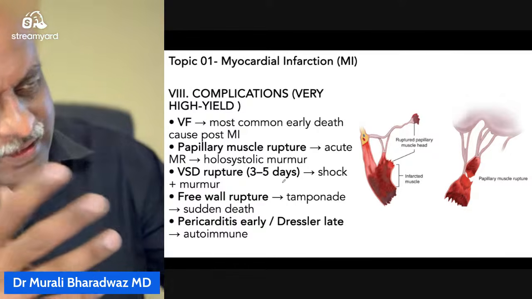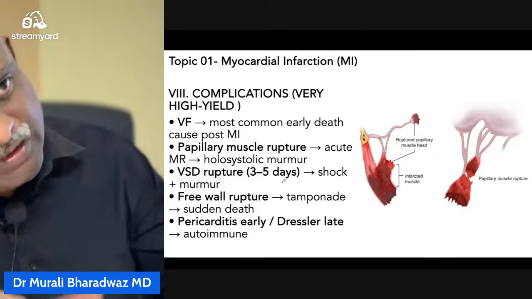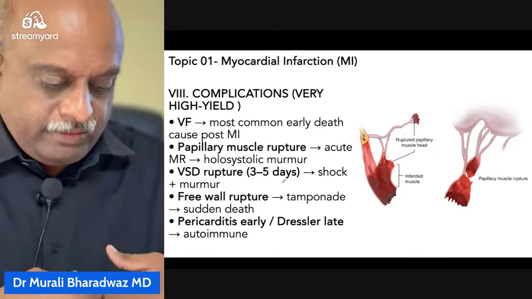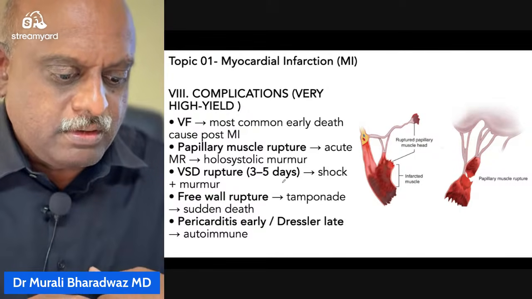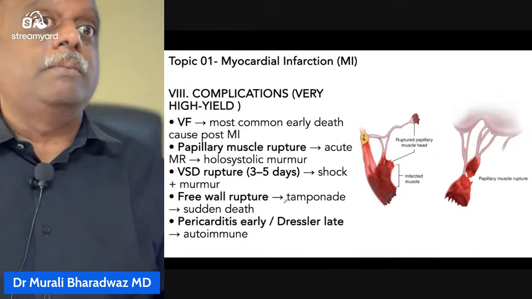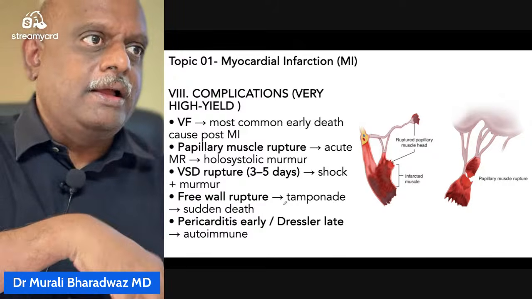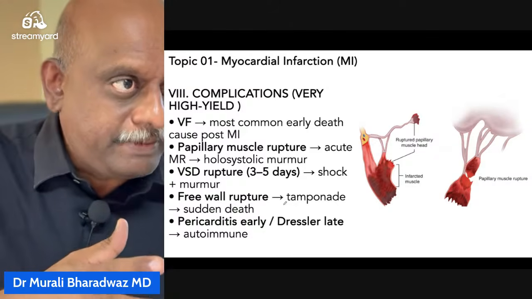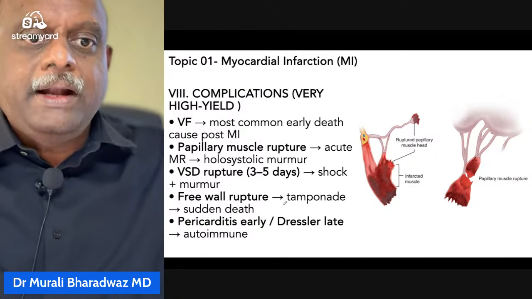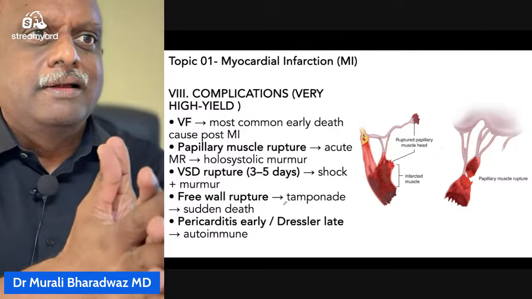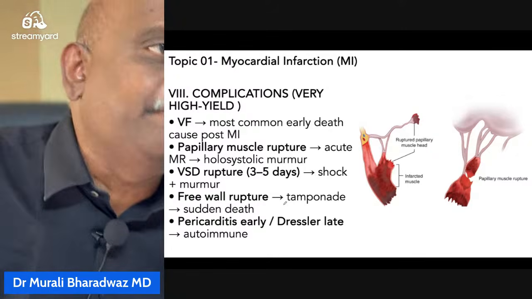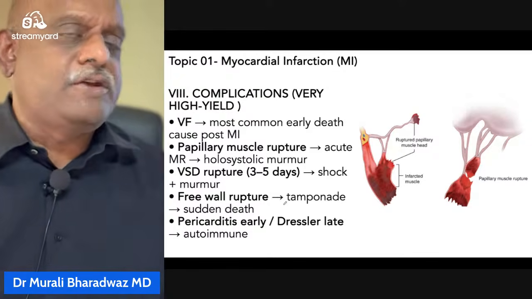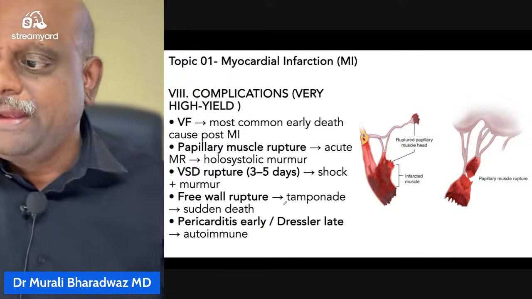So that wall weakens and it will rupture, which can be a complication that leads to blood moving from the heart into the pericardium, the pericardial space. And that blood in the pericardium will further compress the heart, leading to cardiac tamponade. So free wall rupture with tamponade and sudden death are the features in MI that you need to remember.